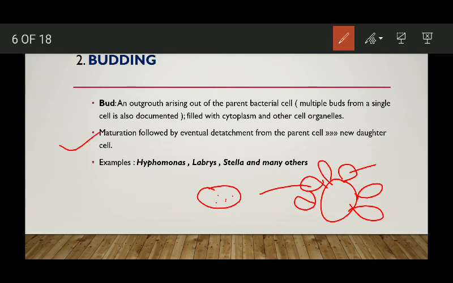When the buds become mature, they eventually detach from the parental cell and give rise to new daughter cells. For example, this bud has detached from the parental cell here. This bud will grow in size and form a new bacterial cell.